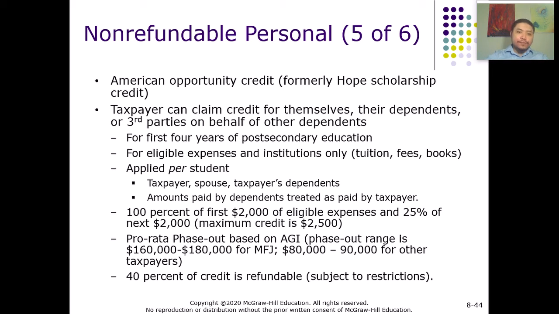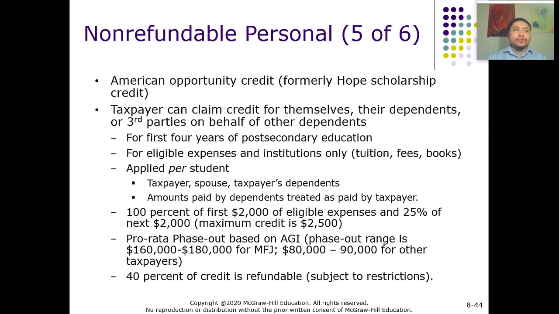So this tax credit applies to taxpayers who need to cover the cost of education for the first 4 years of post-secondary education.